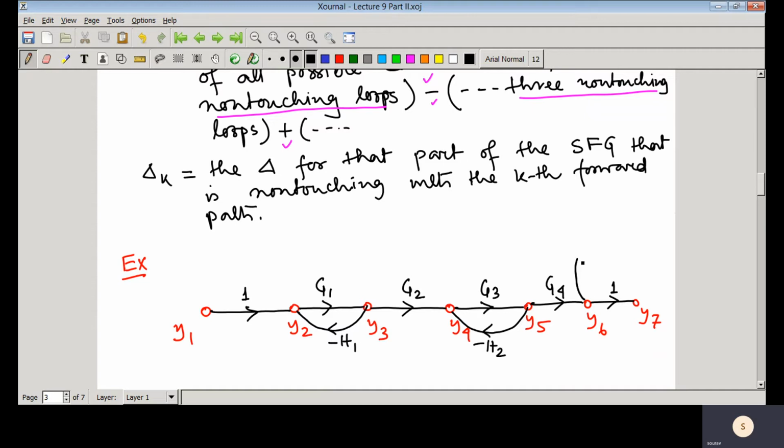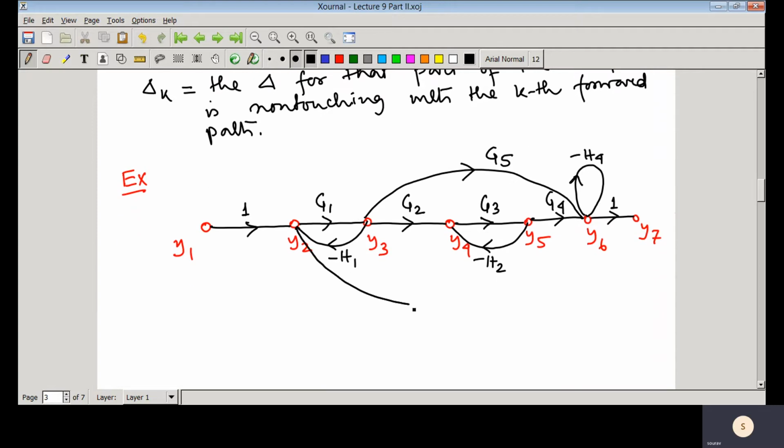In y6 there is one self loop with branch gain minus h4, and from y3 to y6 there is a branch with gain g5, and from y5 to y2 we have one feedback path with gain minus h3.